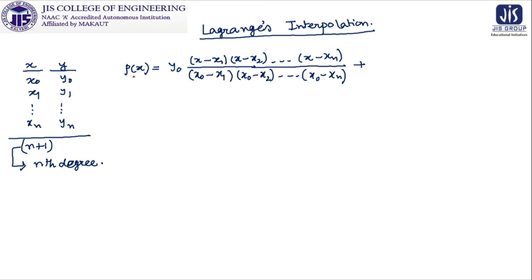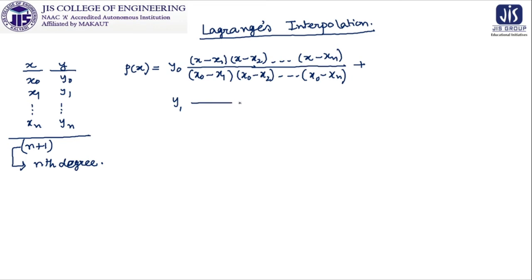Plus. This is your first term, and you can see that in the denominator all of them are constants because all of them are known to us, and in the numerator n linear factors are multiplied. That means the simplification will give you x to the power n as the highest term, so the polynomial will be of degree n if I consider only this term, but obviously the other terms are coming, and look at how the other terms are there.